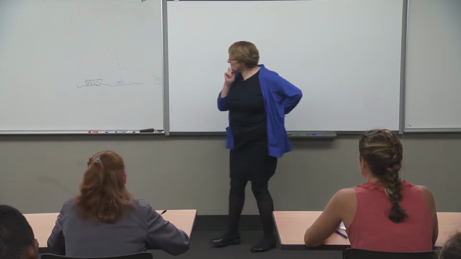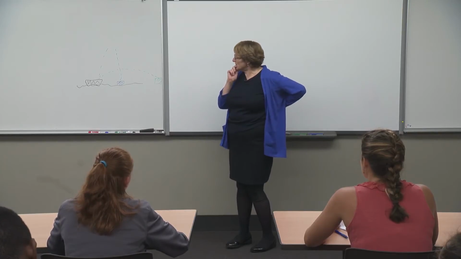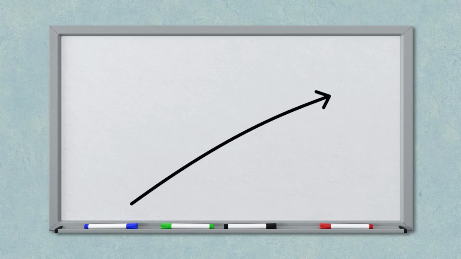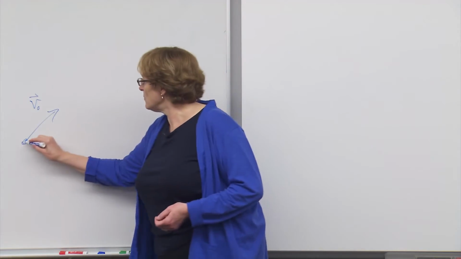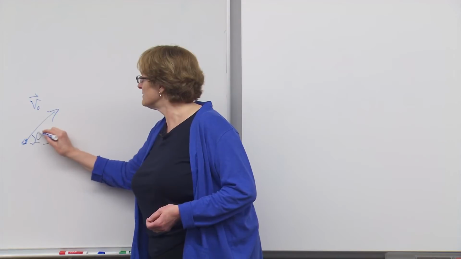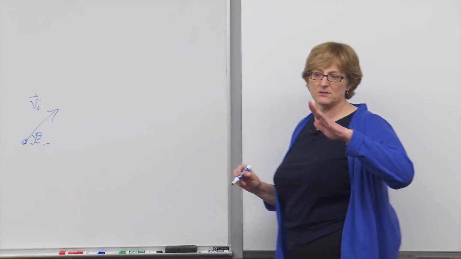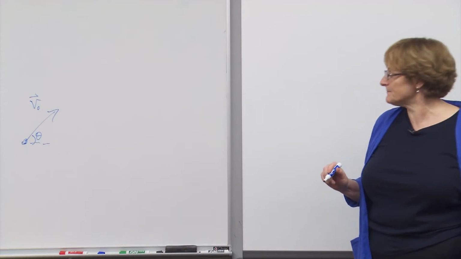Now there are some very practical problems we could try to do. Maybe we should do an example problem. Suppose we have a cannon firing a cannonball with some initial velocity, which has both an x component and a y component. And maybe we'll call this angle theta, the angle above the horizontal at which we aim the cannon.